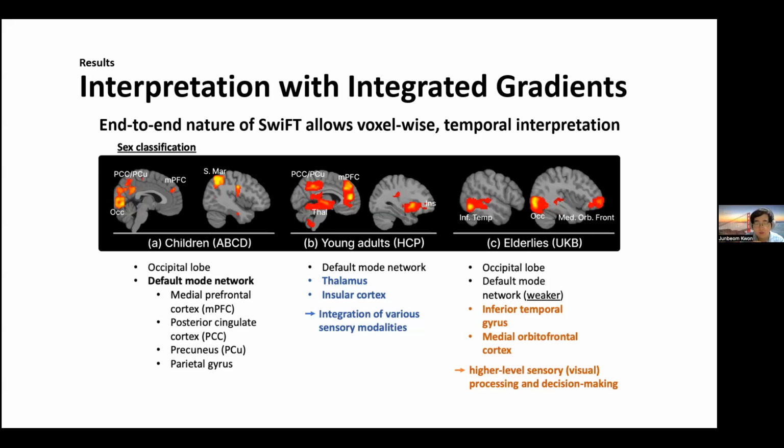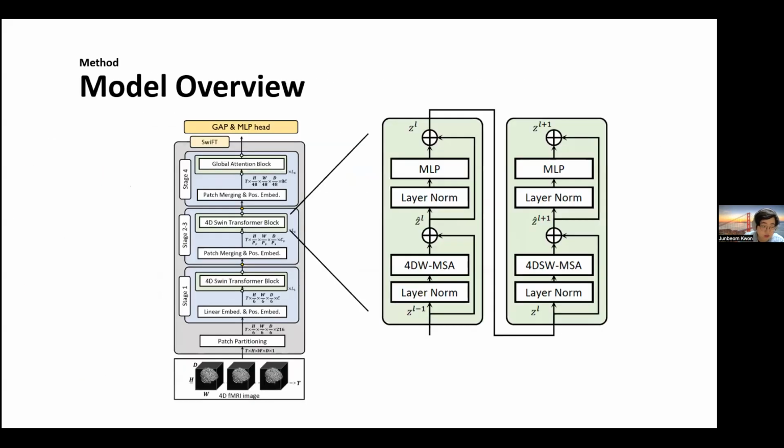So for those reasons, we built the global attention block at the last layer to aggregate all the attention over the patches. As you mentioned, if we just adopt the shifted window layers, then we can lose the long-term dependencies between the brain regions.